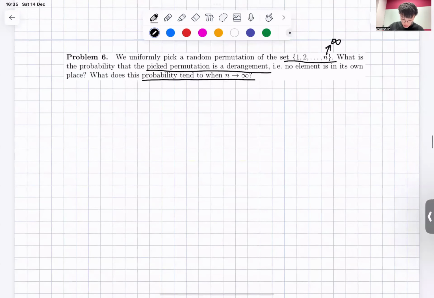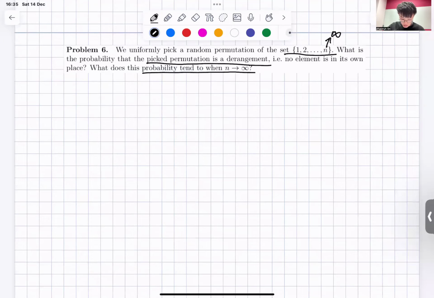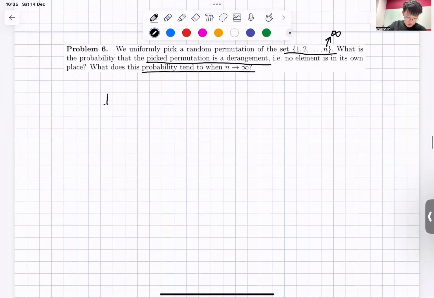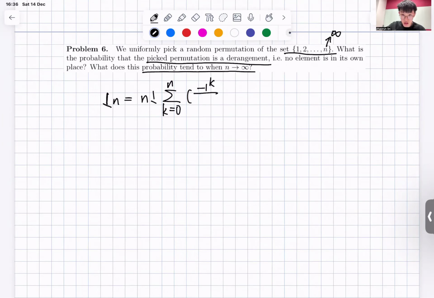So it is actually simple. We have learned in previous weekly problem sets the total number of derangements, which is denoted as this. The total number of derangements is this over A factorial.